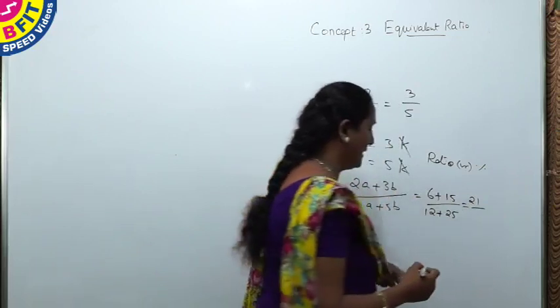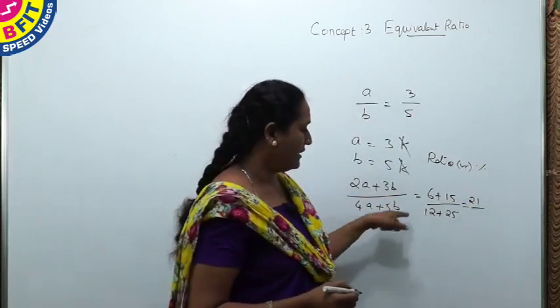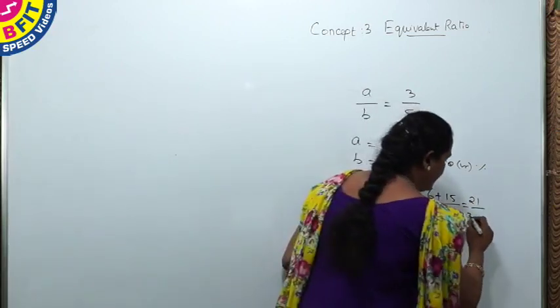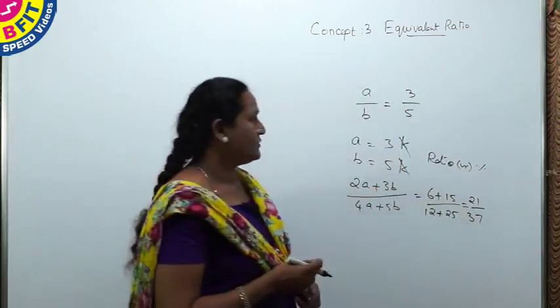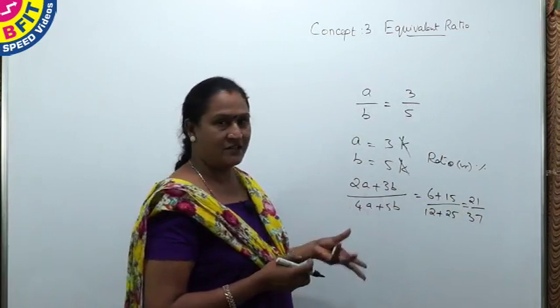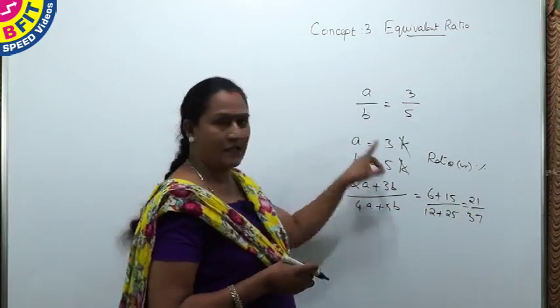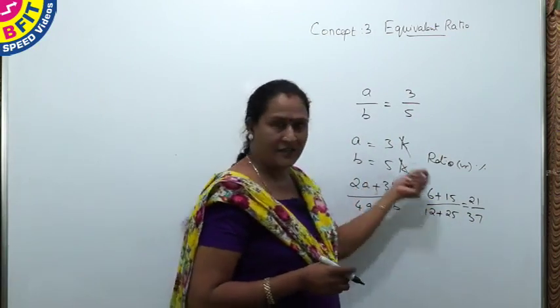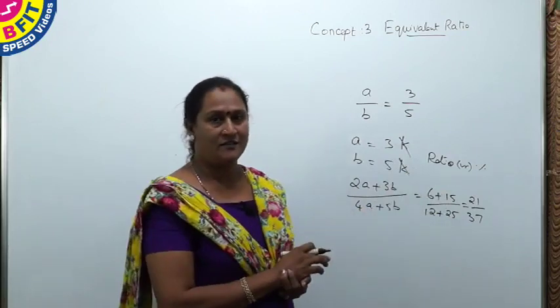So 21 by, adding 6 and 15 and adding 12 and 25, it is 37. So whenever a ratio is given and another ratio, that is a fraction, is asked, just substitute a as 3, b as 5, and in the next second itself you will get the answer.